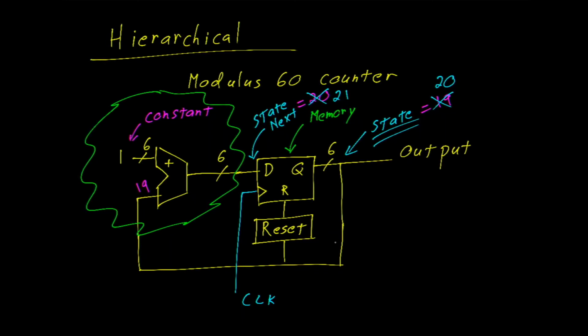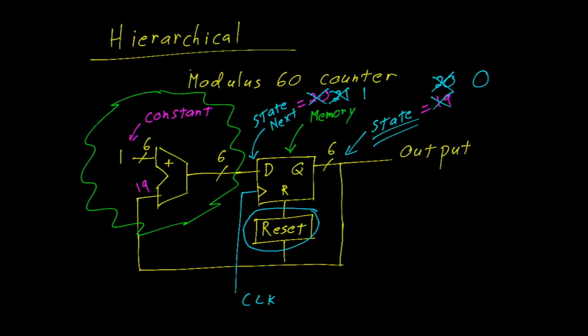That cycle will continue on the rising edge of clock until the value of 60 is reached, at which point this reset circuitry activates, and it will cause the output to go to 0, which means state next, of course, goes to 1.